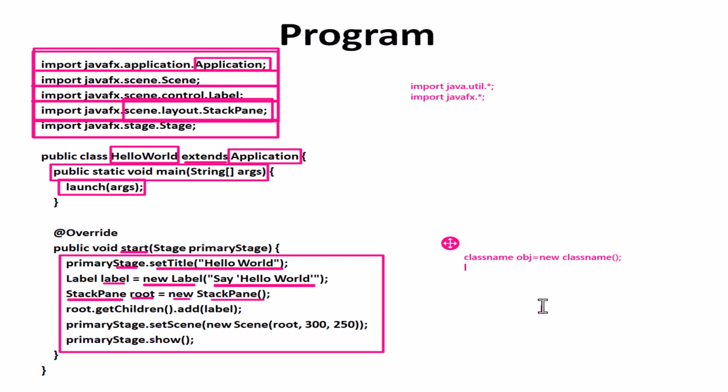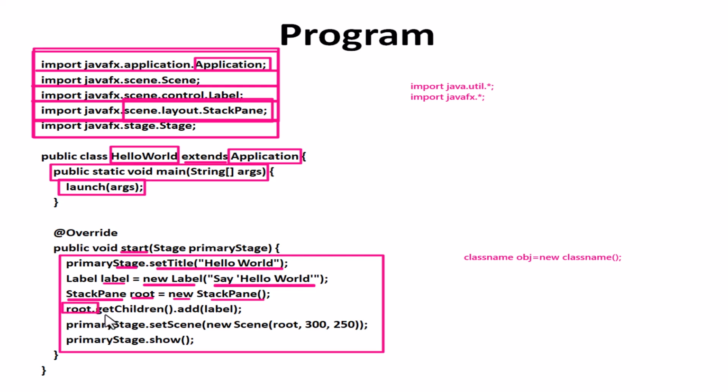Whatever text field you are creating, whatever radio button, whatever stack pane, label, or anything else, the same applies. Here we have defined label, where label is an object, and in StackPane, root is an object. Like that we create a number of objects. The next step: root is an object.